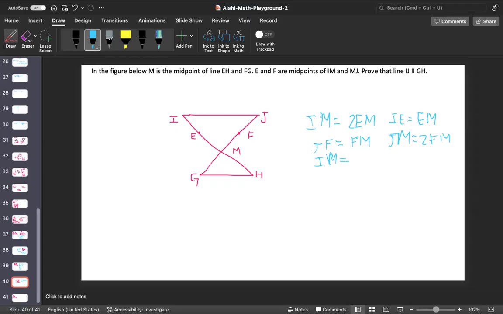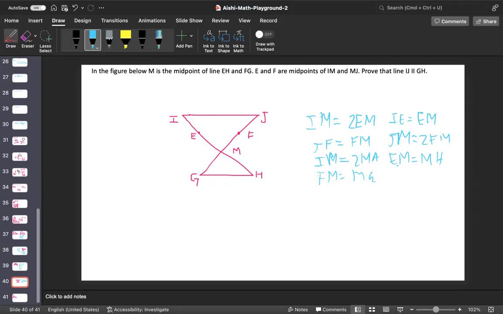We also know that EM is equal to MH. And we know that FM is equal to MG.